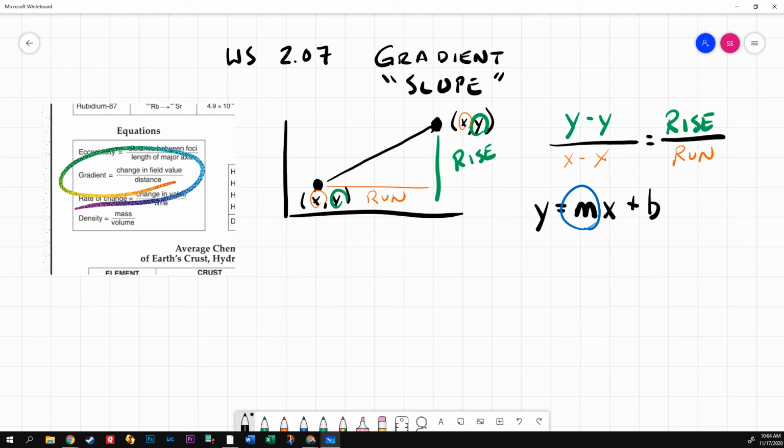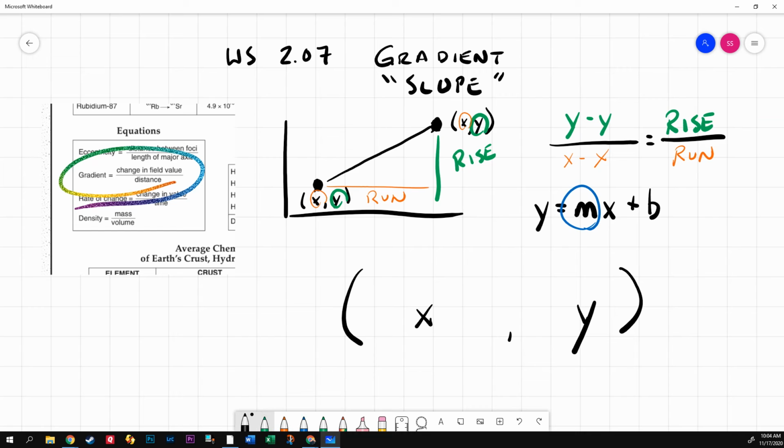So let's talk briefly about a coordinate pair in earth science. So very often we would have an X and a Y, and that would be a coordinate pair in math class. In science class, in earth science, these two, the X and the Y, are usually used for specific things.